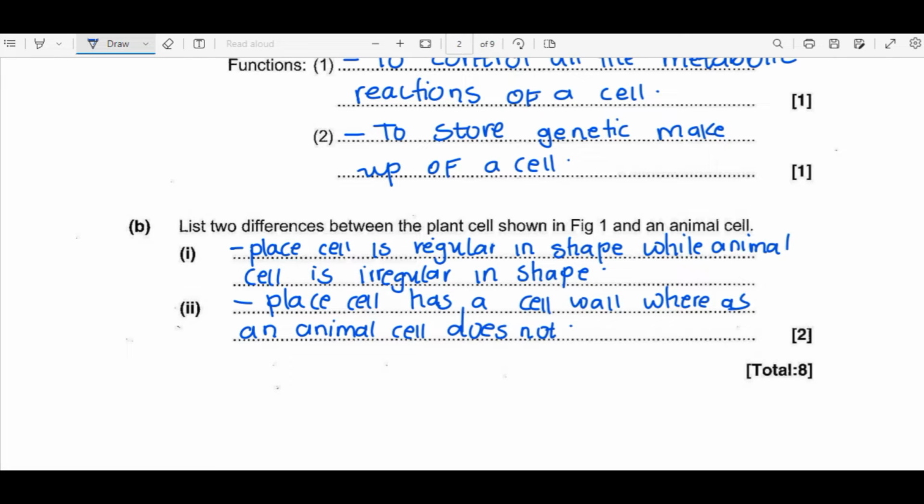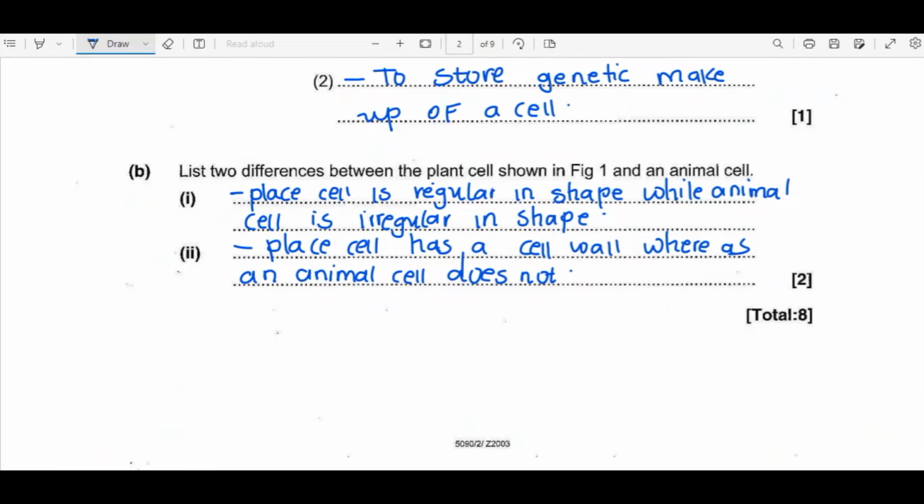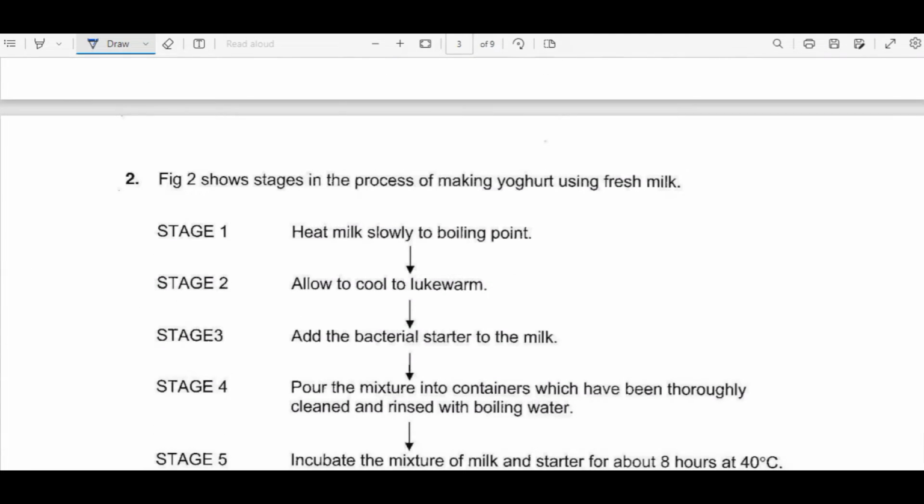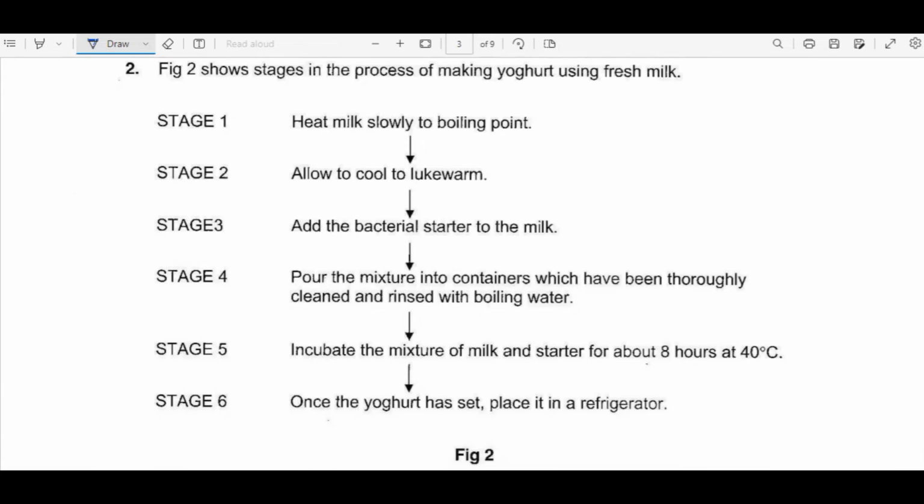Okay, if you want, we can also look at the difference in terms of the presence of the chloroplast. We know that a plant cell has a chloroplast while an animal cell does not. Even the presence of cellulose in between the cell membrane and the cell. Then the function of the cellulose, it helps in the formation of cell.